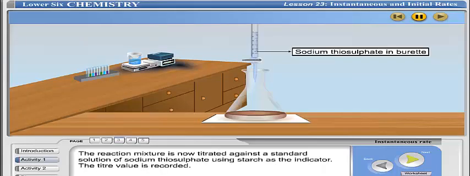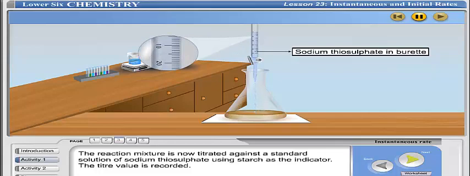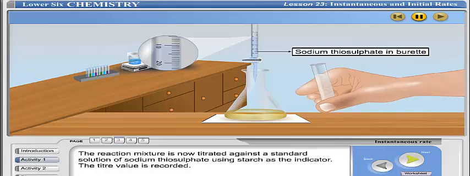The reaction mixture is now titrated against a standard solution of sodium thiosulfate using starch as the indicator. The titer value is recorded.